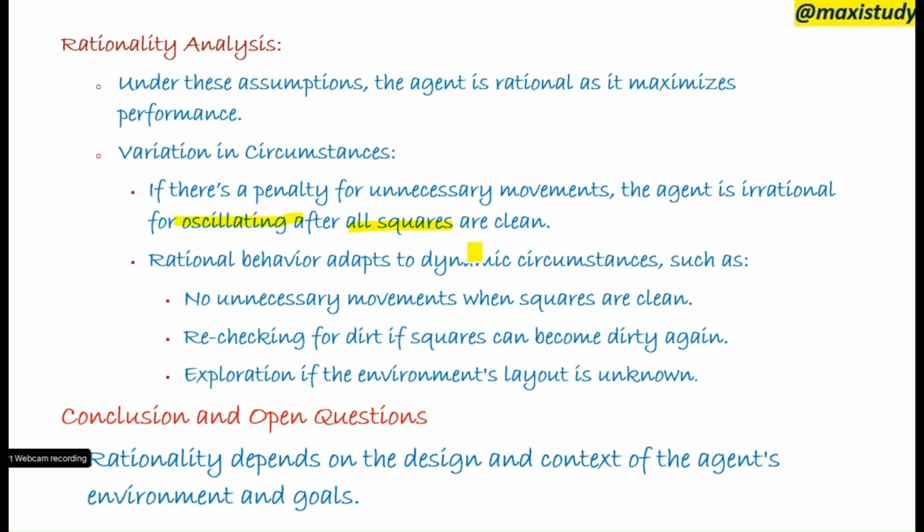If the room is clean also, again it goes and checks whether the square is dirty or clean, again it moves to the next square, so it consumes more electricity. To avoid unnecessary actions, it should take a wise decision.